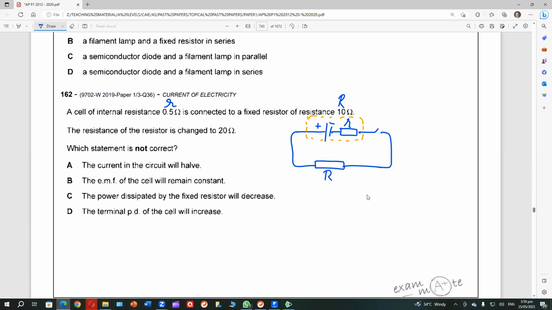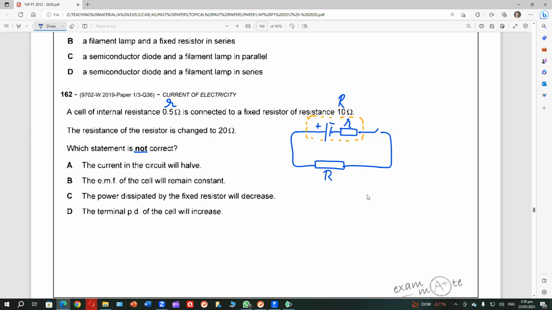The current in the circuit will halve. We have double the resistance, and it's a series circuit. He says current will halve. Actually, this is not right, because current won't be half, as there is another resistance, small r.